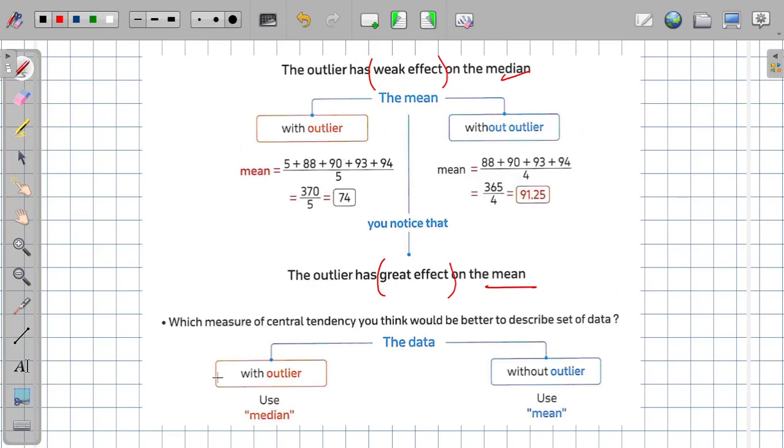So which measure of central tendency can we use on a dataset if we have an outlier or if we have no outlier? If we have an outlier, we will use the median because the median will not be affected very much by the outlier. But if we don't have an outlier, we will use the mean to find the measure of central tendency.